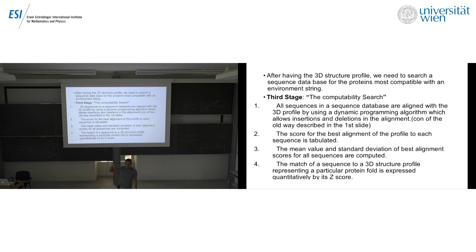So we can search in the database for sequences that are similar to these amino acids, okay? Which one of them is the most similar one? And that's how we can get from the 3D structure to the 1D sequence, okay? In simple terms, okay?